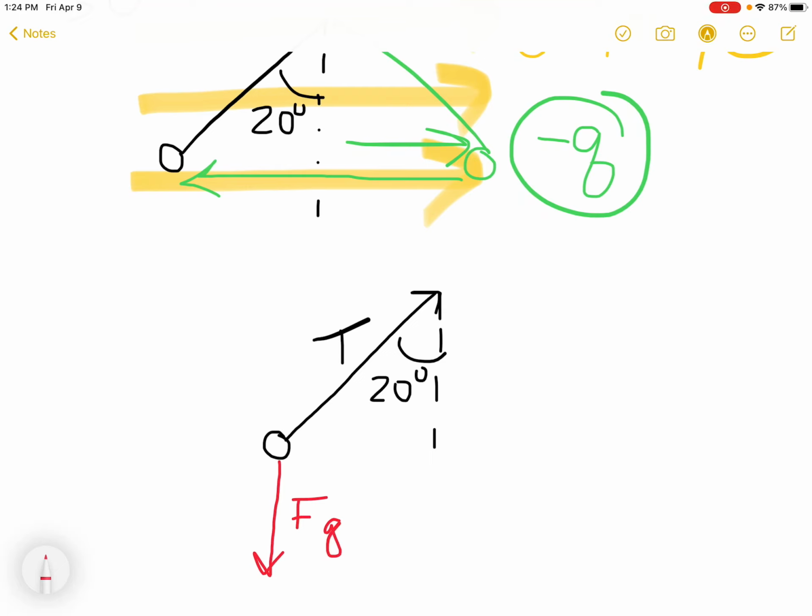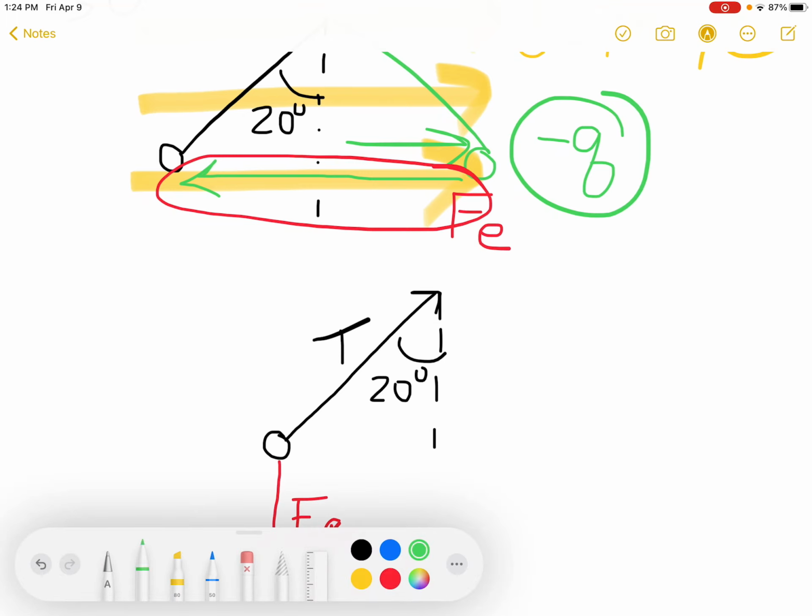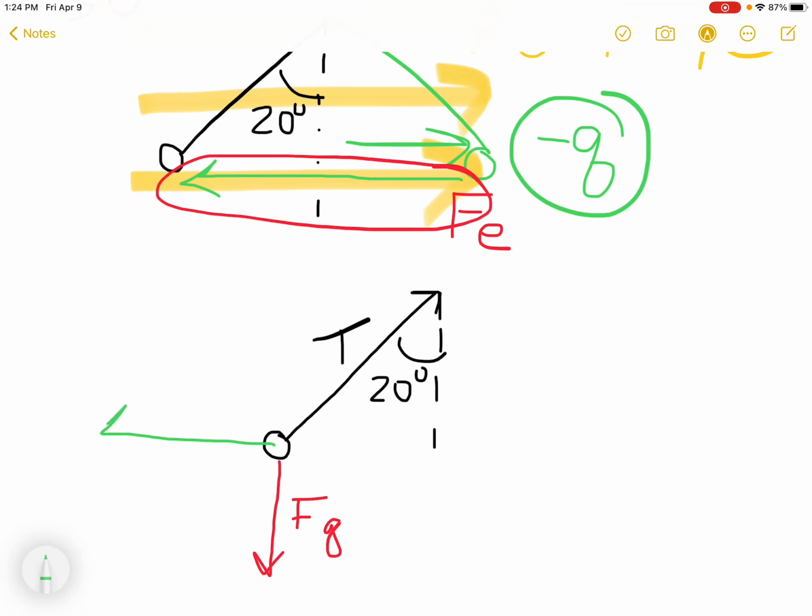And if you go back up to my picture, we said that there's an electric force caused by the field pushing straight out sideways. So let me draw that in green. That's what's causing the ball to hang at that weird angle. So here's my situation. Here's my free body diagram.